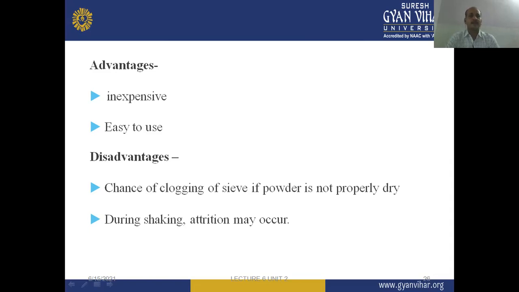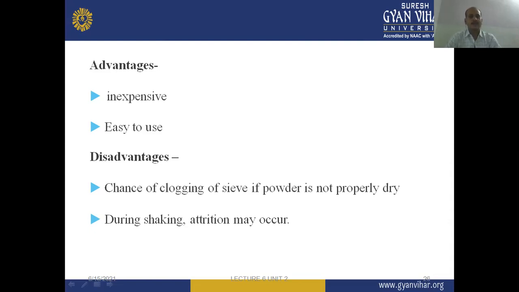It has many advantages compared to other methods. The first one is that it is an inexpensive method. It is a very simple and widely used method for determination of particle size for solid powder samples, and the labor cost is comparatively much less than other methods.